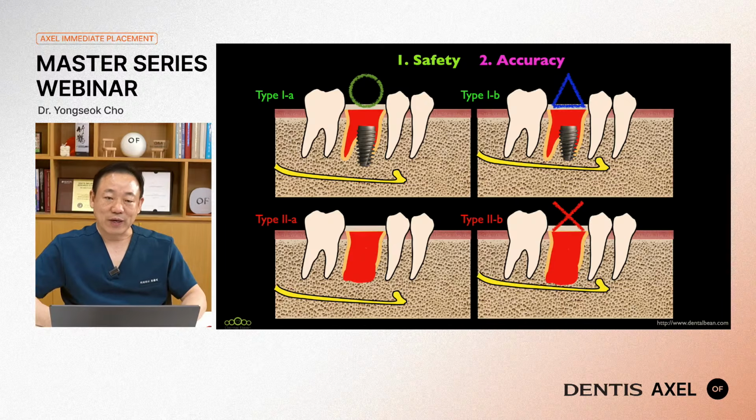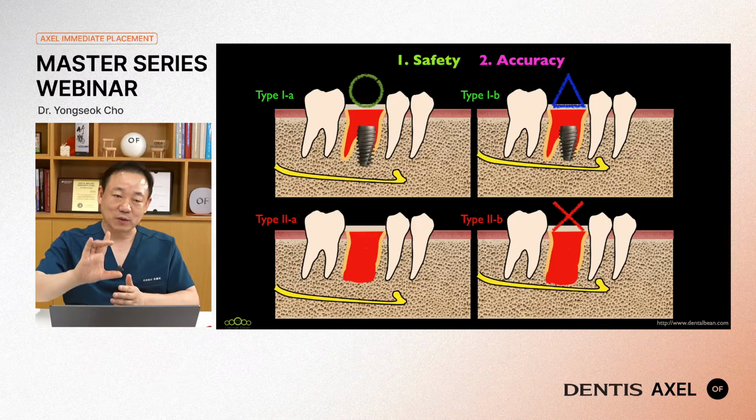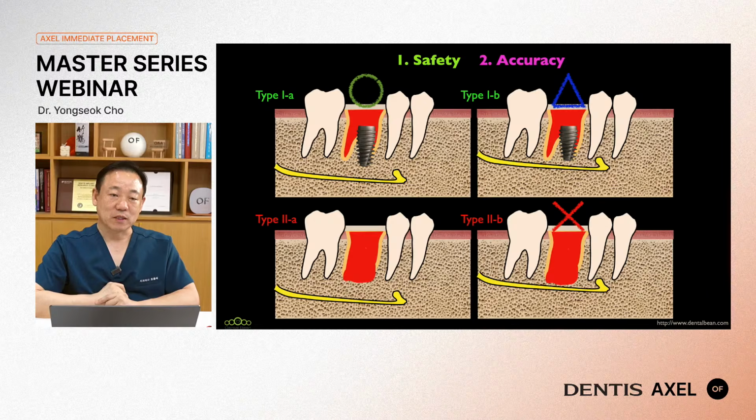What about a Type 2A extraction socket? When the apical available bone height is more than 5, not just 5 millimeter, but 7, 9, 10, very sufficient, we can place the implant. However, when it is just 5 or 6 millimeter, what should you do? You must prep the osteotomy more than 3 millimeter to fix the implant.